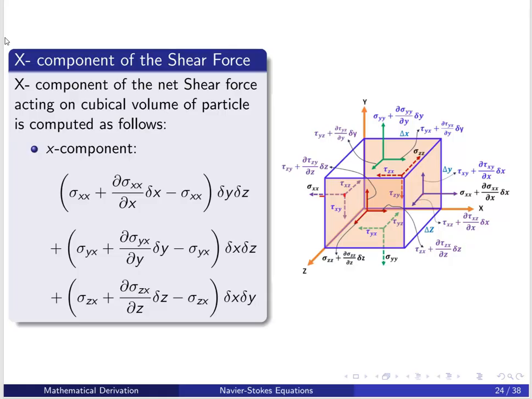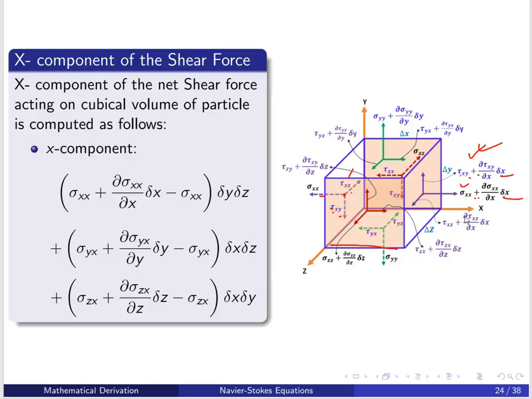If you know this force on that face, and the distance is del x, then on the other side by Taylor series expansion it will be sigma xx plus dou sigma xx by dou x into del x. Similarly for the others, like here tau xy, it will be tau xy plus dou tau xy by dou x into delta x.